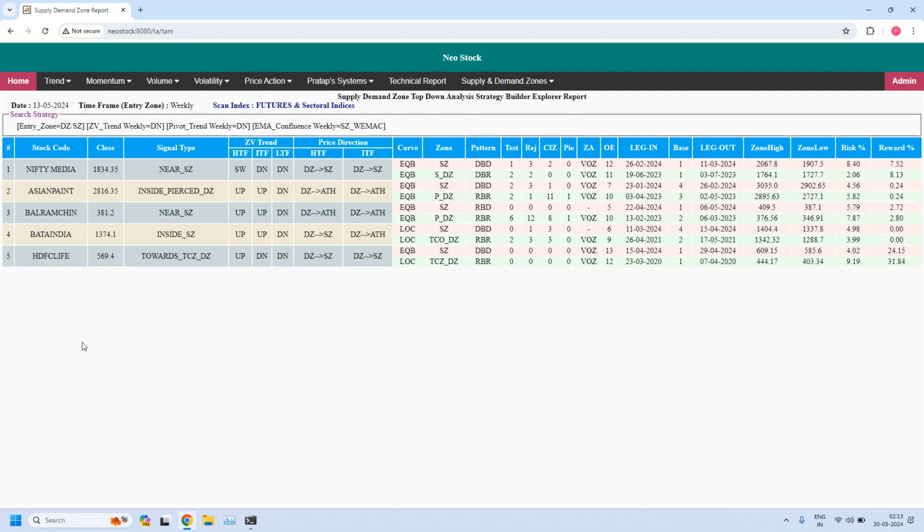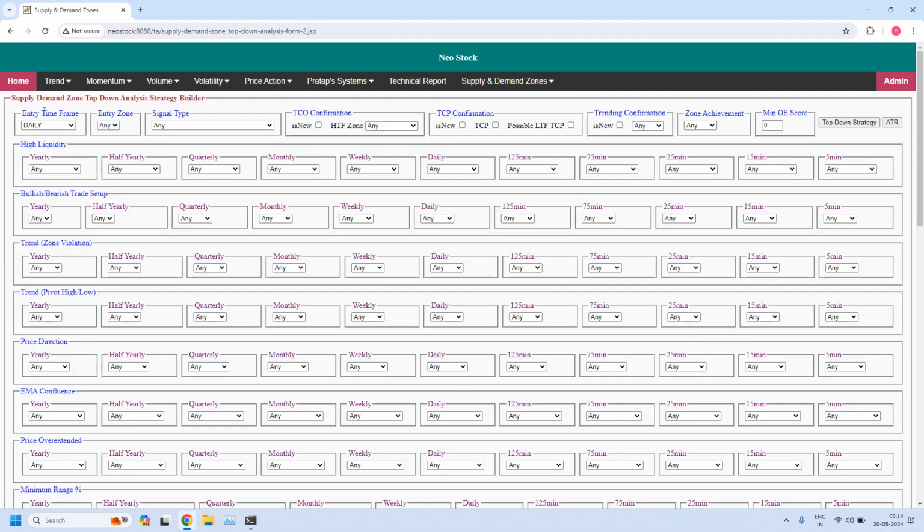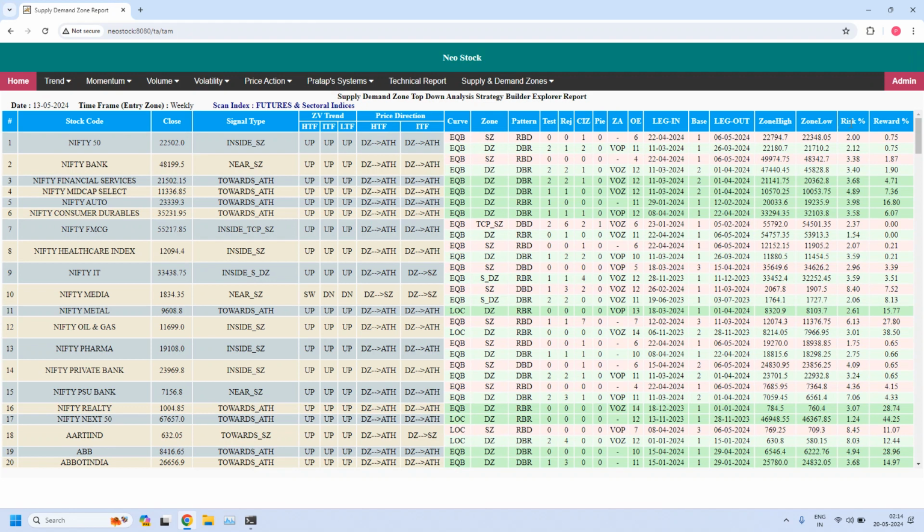And in the final report, maybe you have a favorite stock you want to refer to without any filters. I am selecting weekly time frame and generating all the stocks. So first 17 in this list are indices, sectoral indices. Remaining all are equity stocks, taken from the F&O category. I'm scrolling this list down, giving you only a few seconds. So if any of your favorite stock is there, please pause the video.